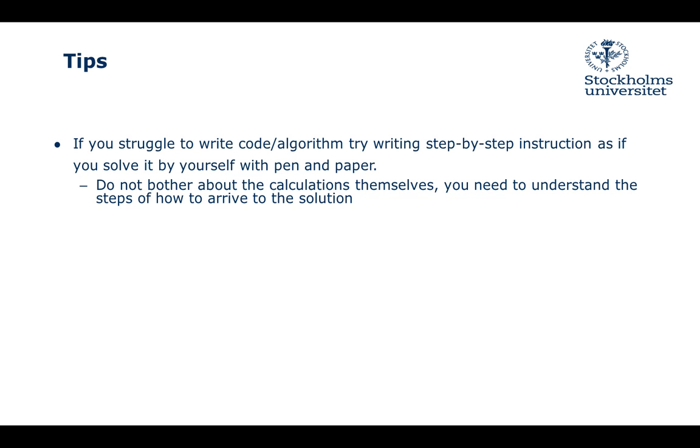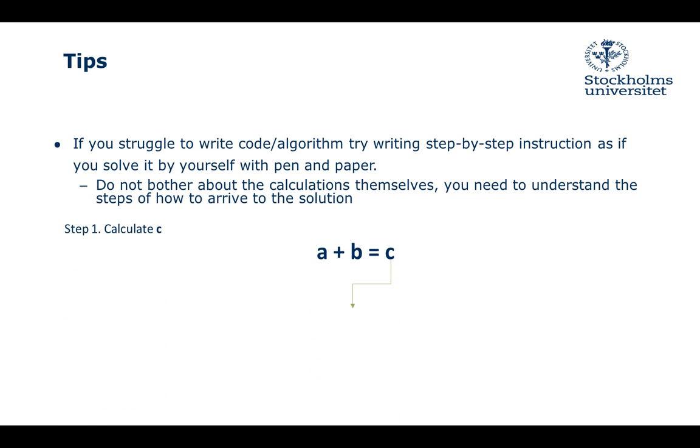Usually it helps because the computer may disturb you in some way. Do not bother about the calculations. For example, you may not need to calculate the returns, but you need to write the formula of the returns. And then say, okay, here I will get something, and then I will use this something in the next formula. And this is how it goes.